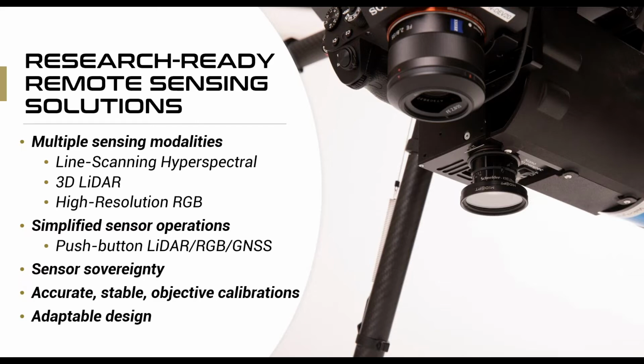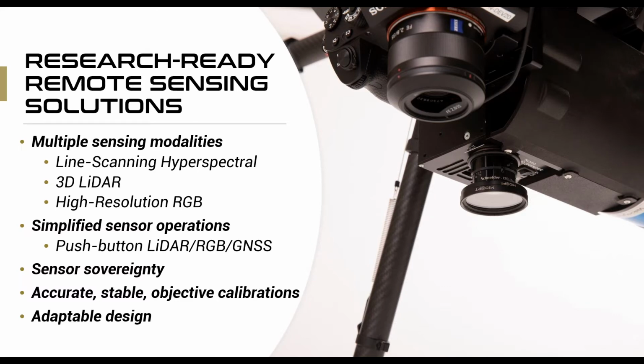What we're doing is trying to simplify some of those sensor operations for the user as much as possible. So essentially making LiDAR, RGB, and GNSS data collection as push button as possible, but still providing what we call sensor sovereignty. Sensors are able to be operated independently, and users can customize a platform with or without sensors and have the ability to swap models over time as the technology changes.